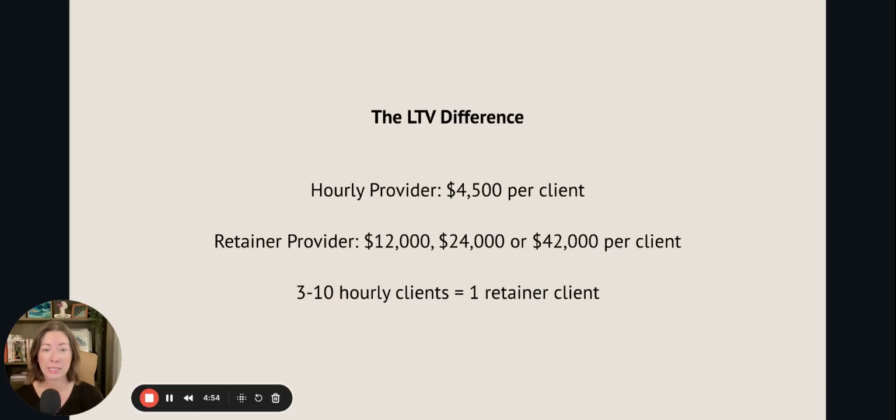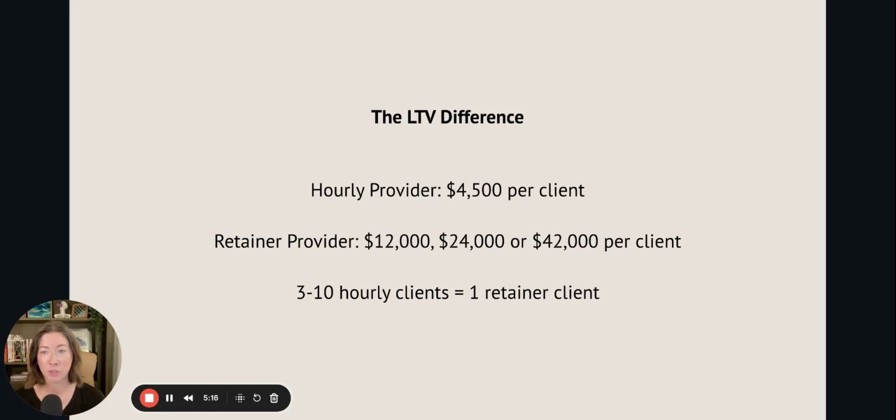So I want you to really see the LTV difference here. An hourly provider charging 75 bucks an hour, which is really common for OBM and VA type rates. Like there's a lot of conversation in between who should be charging what. This is a little bit more on the OBM level of rate and not a VA rate.